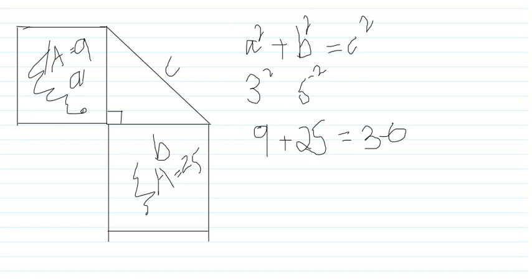When they were just lines, they had 3 and 5 as dimensions, number sides length like this. And when we add these two areas, this one is A1 and this one is A2.